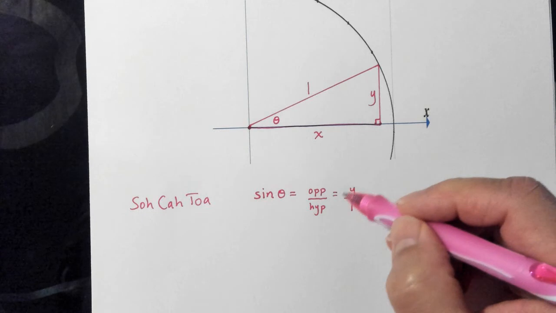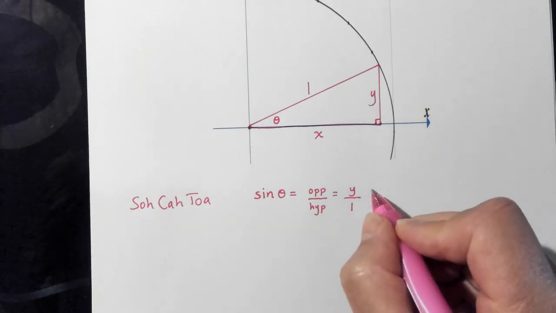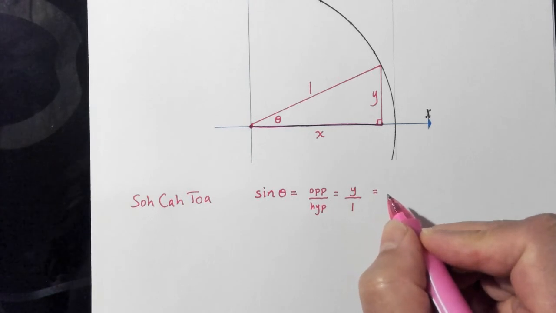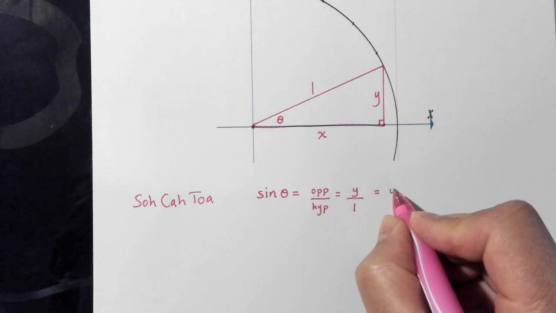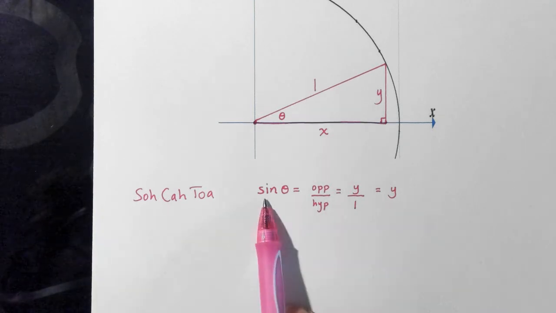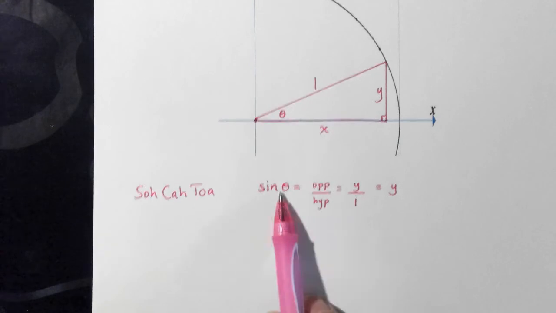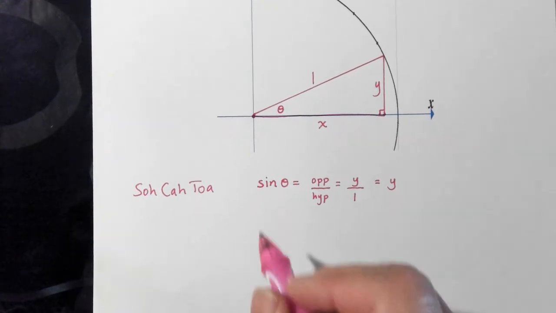This will be super important later when we're doing cosecant, but not for today's lesson. Y divided by 1 is just y. So I'm going to pause. Take a look at what you're seeing. It says that sine is equal to y. Sine is equal to the y value. Super important.